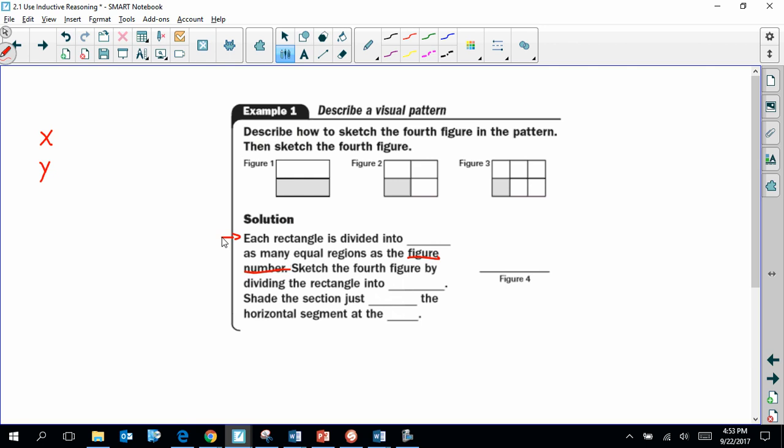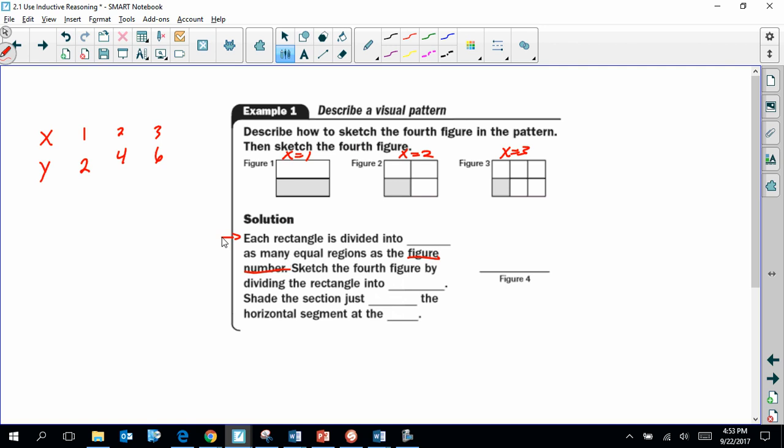So for instance, this is when x is equal to 1. When x is 1, I have two equal regions. This second figure is when x is equal to 2, and I have four equal regions. The third figure is when x is equal to 3, and I have six equal regions.